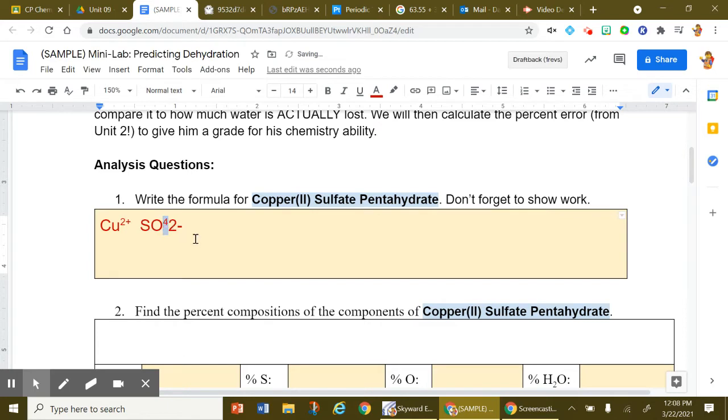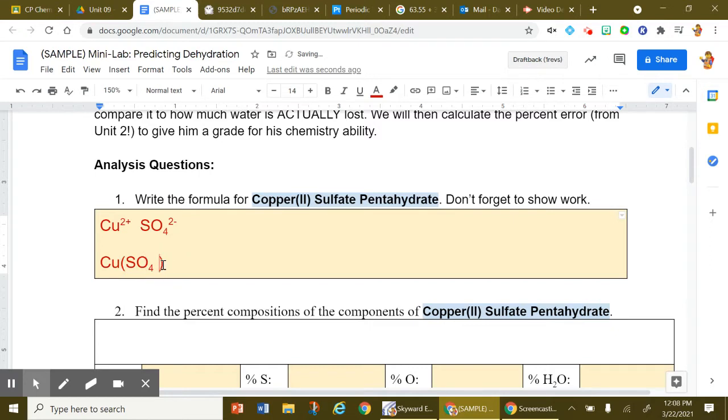Crisscrossing this is actually going to be pretty easy. You don't even need to crisscross it. Copper is 2 plus, sulfate is 2 minus. Their charges cancel out, so you only need one of each. So this is CuSO4, one copper, one sulfate. If you want to put it in parentheses to remind you it's a copper and a sulfate, do so. That won't affect your results at all.